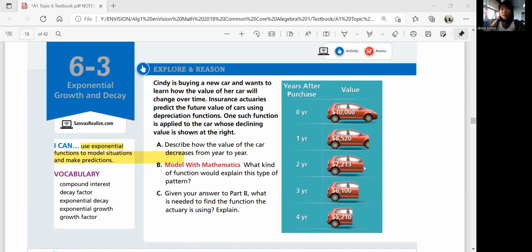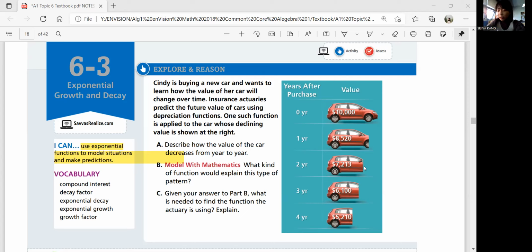So let's describe how the value of the car decreases from year to year. First of all, how much did it actually decrease every year? Do we have a linear function or an exponential relationship is what we're trying to figure out. So from 10,000, we're going to subtract 8,520.